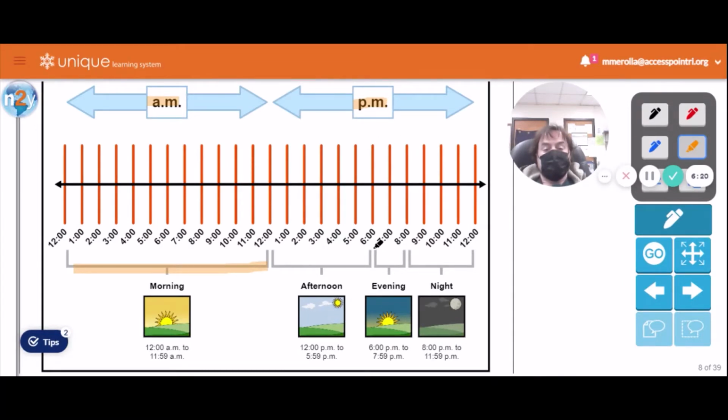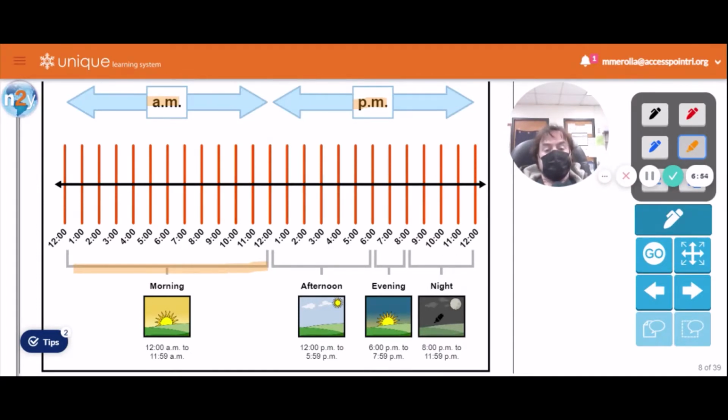From 6 to almost 8, that 2-hour period is considered the evening. I guess when most people eat their supper. And then the night is 8 o'clock at night to 11:59 p.m. So 8, 9, 10, 11, 3 hours and 59 minutes is the night period.